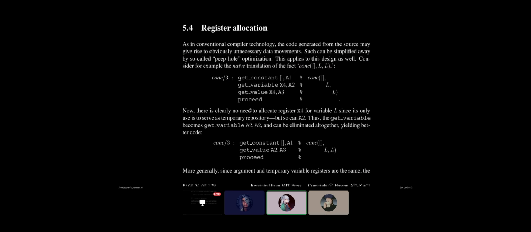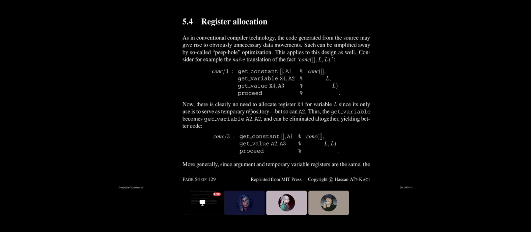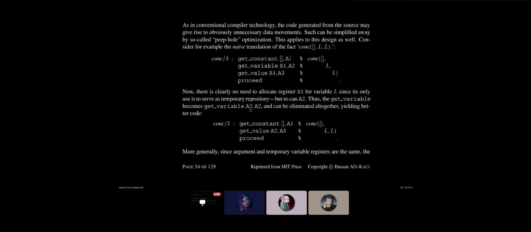Register allocation. Oh, this is to remove the no ops. I don't think we need this. Do you think so? There's clearly no need to allocate register blah blah blah.